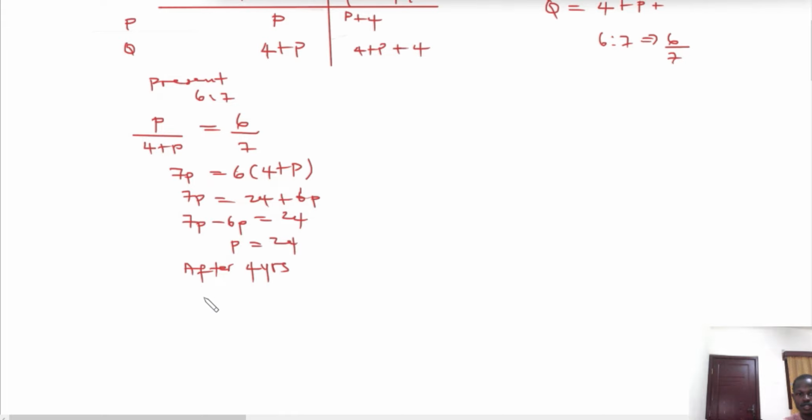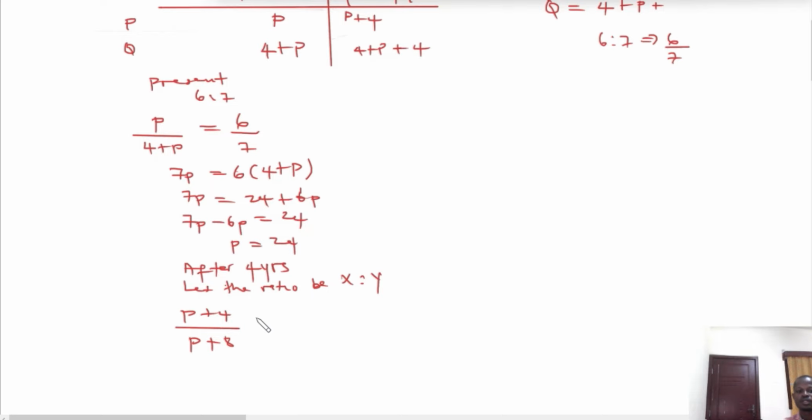We don't know the ratio, so let the ratio be x to y. We're going to find out the ratio. P's age after 4 years is P plus 4, divided by 4 plus P plus 4. So this gives you P plus 8.